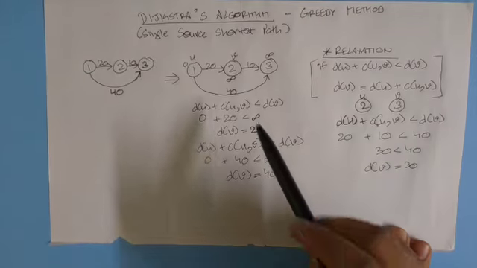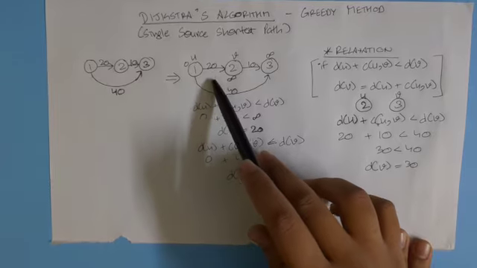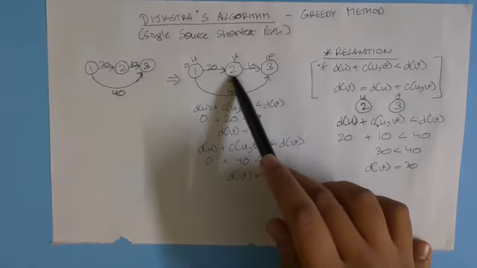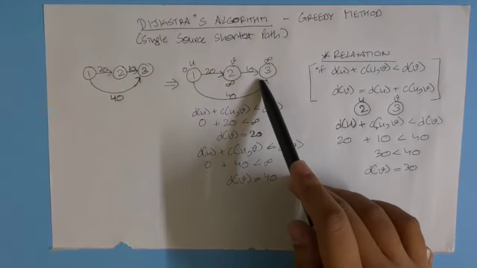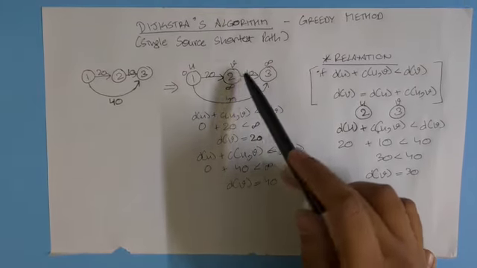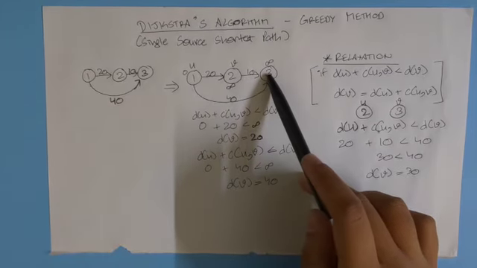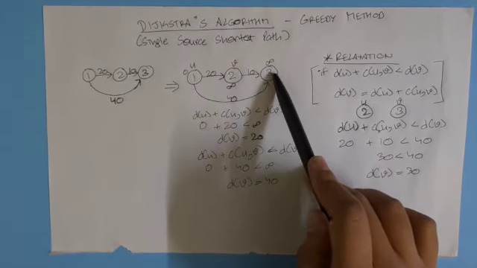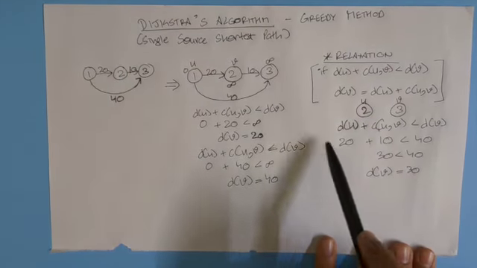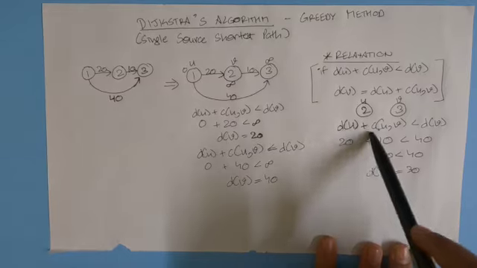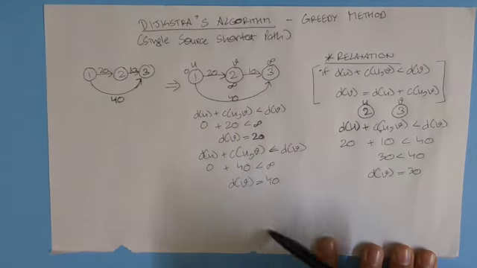Now if we go indirectly, that means passing through the second node, we have to cross the second node to go to the third node, then the value changes. The second node becomes the initial node and the third node becomes the final node, that is u and v. For the second, u becomes 20 as we found out through this, and the cuv is given 10, which is less than 40 as we found out from here.